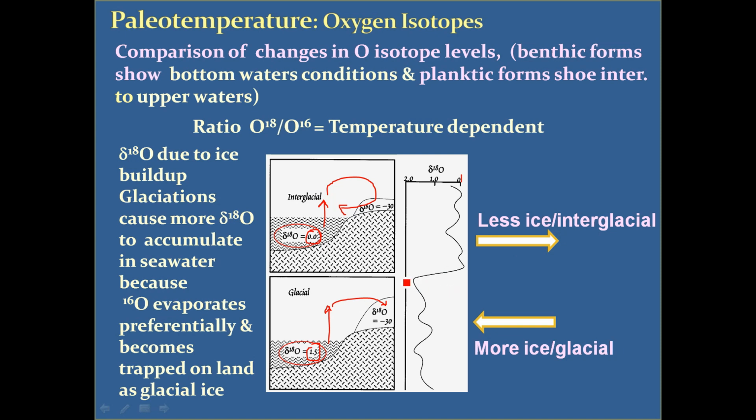But here we find in the lower part of the curve, it is more towards 2.0 in favor of isotope 18. Therefore, it is showing more glacial or more ice condition or glacial environment. So here we can make use of the foraminiferal test for calculation of paleotemperature of water.